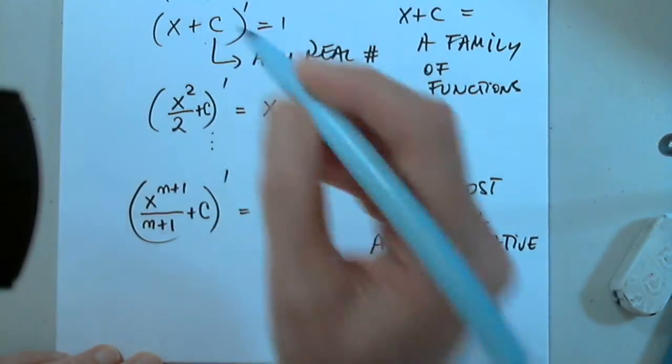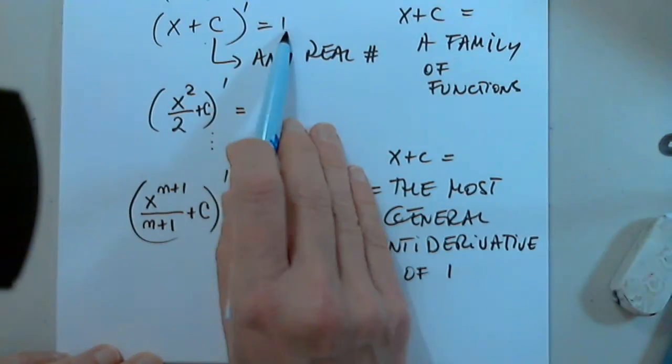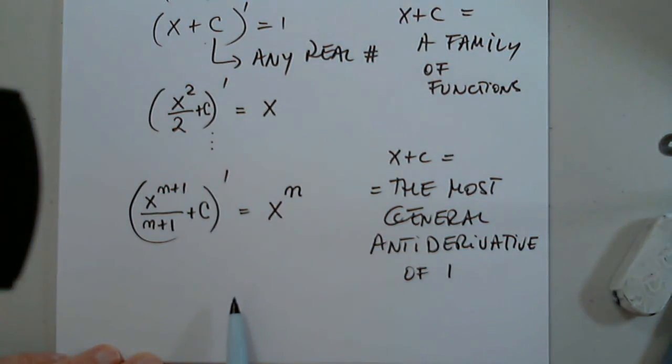So the reverse operation, the most general antiderivative of 1 is x plus c.